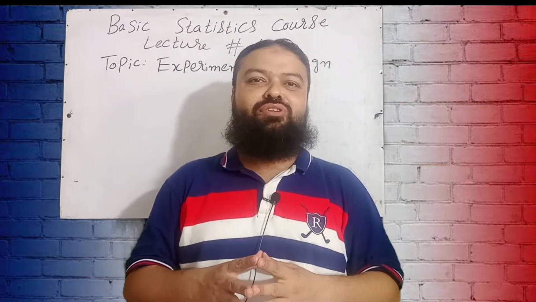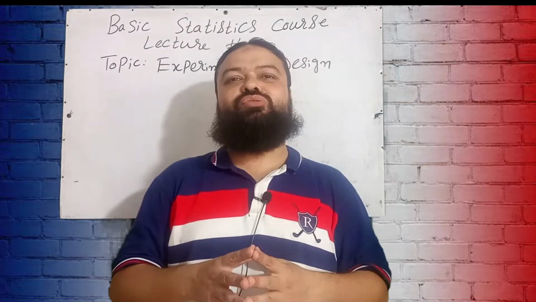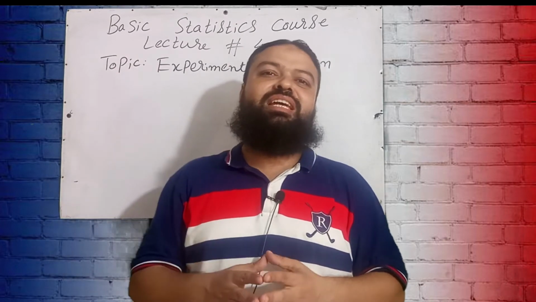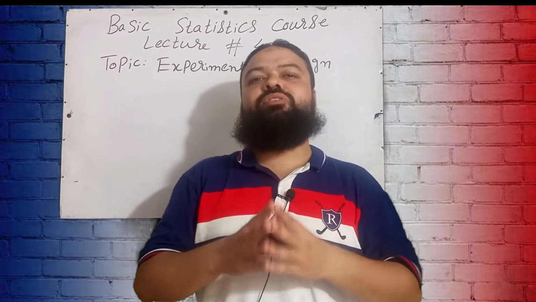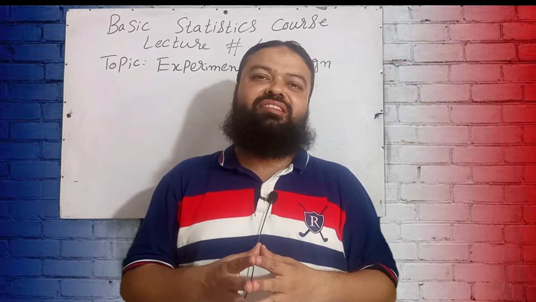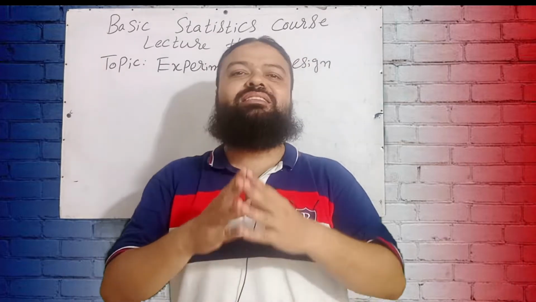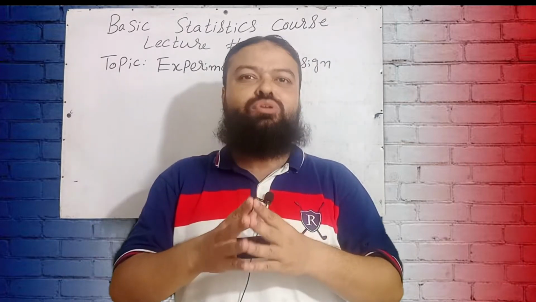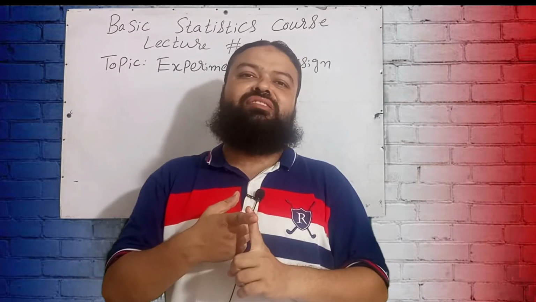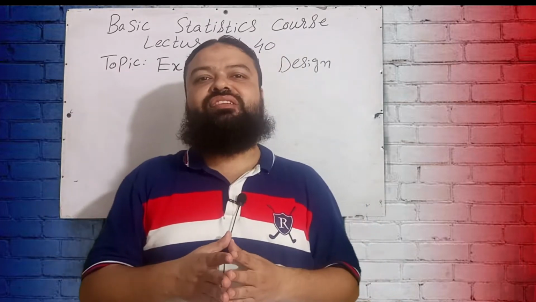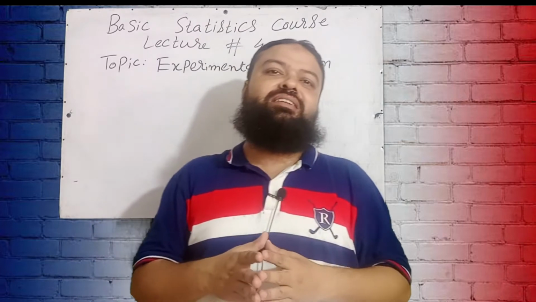It is lecture number 40 of Basic Statistics course. In the last lecture we have started a very important and essential topic of statistics, and that is experimental design. It is class 2 of that topic of statistics. In the last lecture we discussed the basics of experimental design.